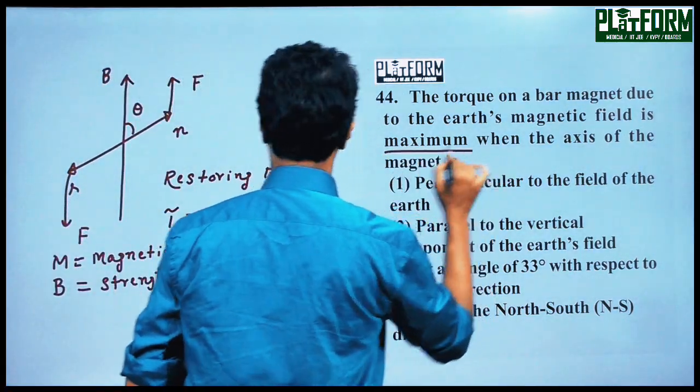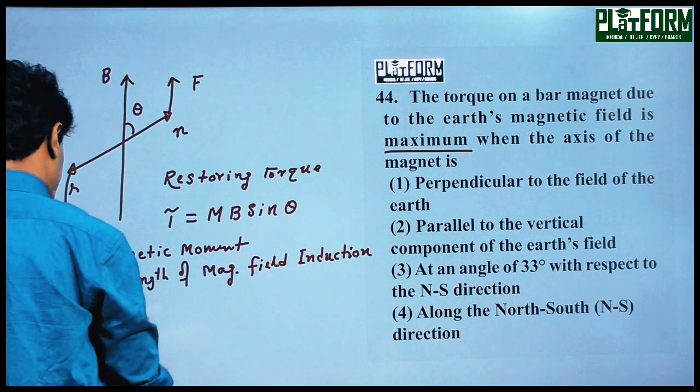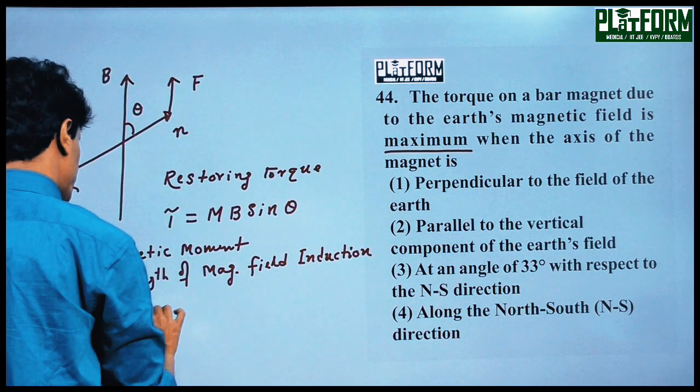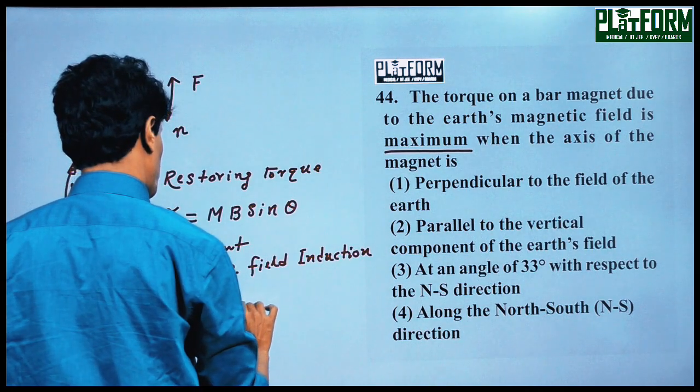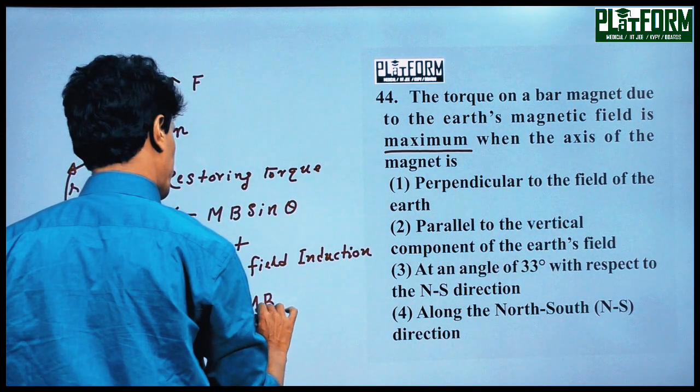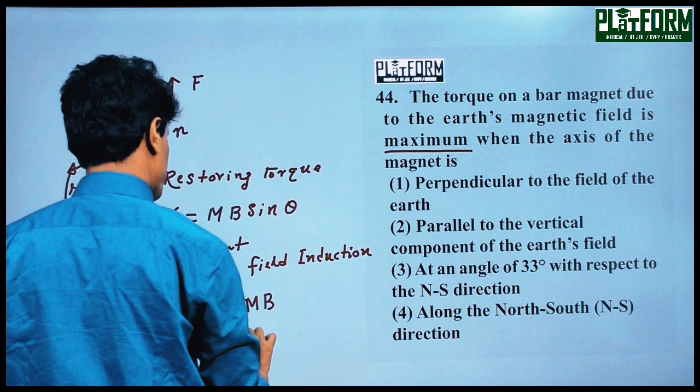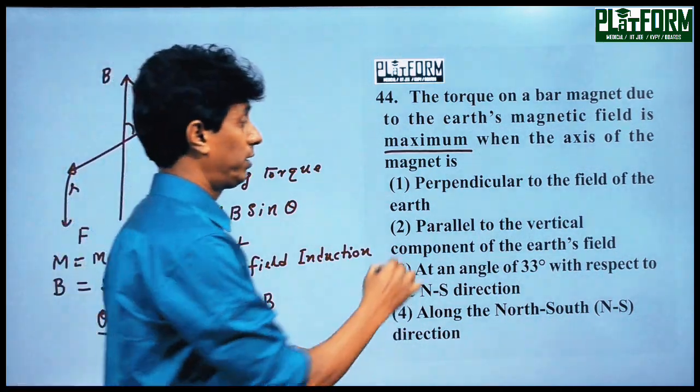This torque is maximum when theta is 90, the torque is equal to m into B, and this torque is maximum. So right option here is 1.